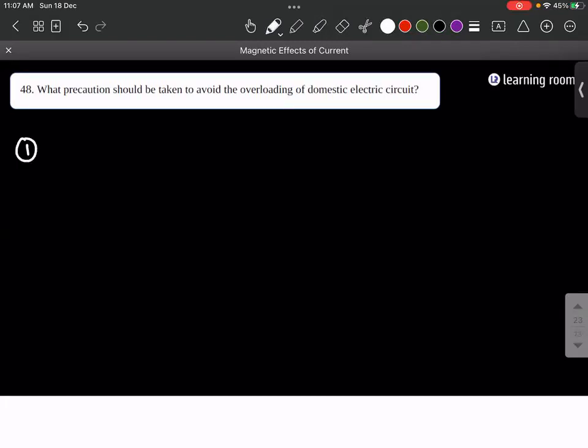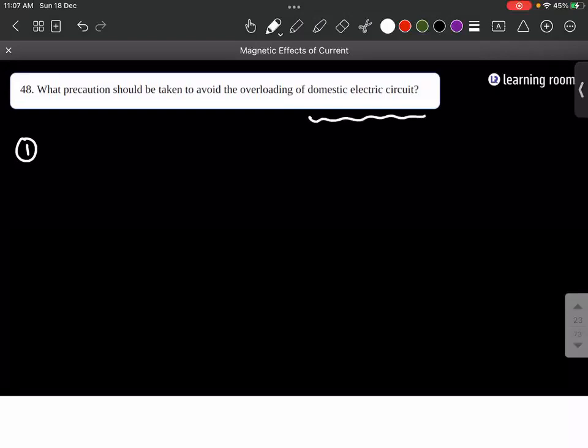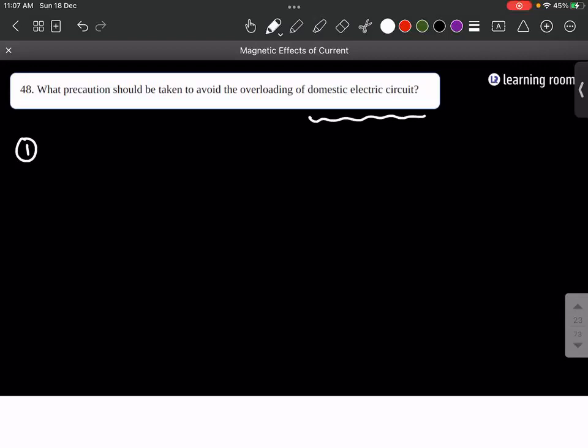See, domestic electric circuit, domestic is our house, right? Domestic is the opposite of commercial. So in our house, are we going to use only one device? No, right? So when you use devices according to our requirement, you will have heavy load devices and less load devices. First thing is ensure the devices are connected according to their power rating.